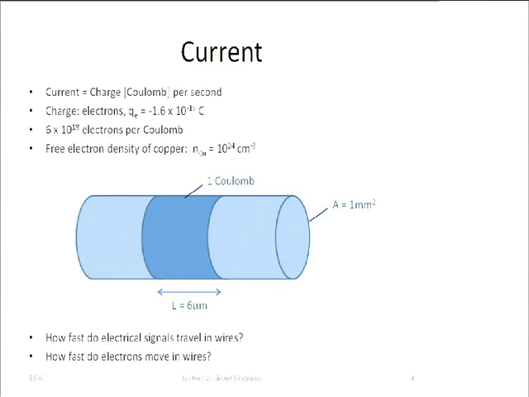So that means also, because electrons are such a small charge, there are lots of electrons in a coulomb, namely 6 times 10 to the 18th electrons per coulomb. We will get to in a moment what that could mean, how we could imagine that.